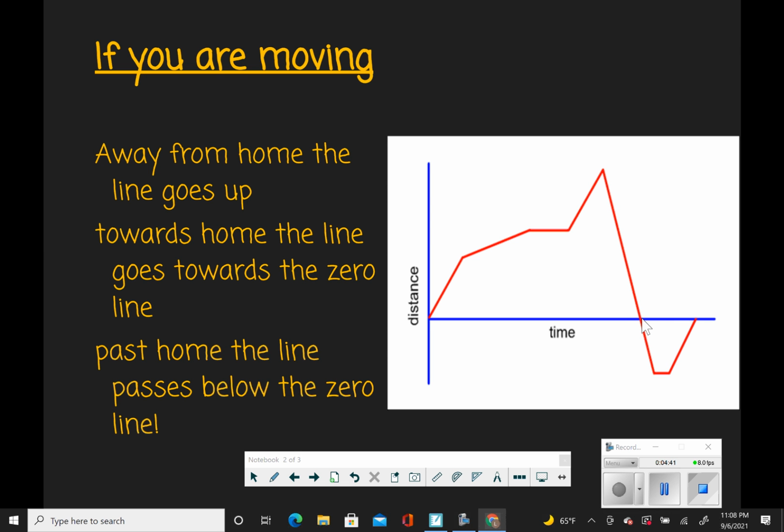It goes past home, it stops, and then it moves back towards home. So anytime this line crosses or comes anywhere near this bottom x line, that means that the object is at home. So the object starts at home, at this point it's at home, and at this point it's at home.